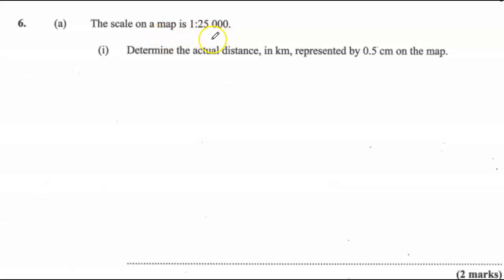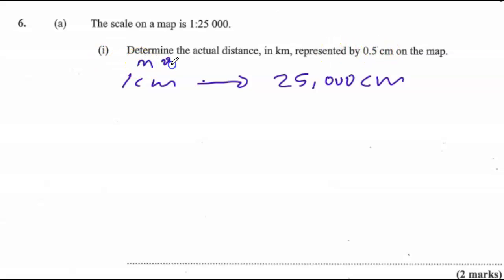The scale on a map is 1 to 25,000, which means that every centimeter that you see on the map, the actual distance, or the real distance, is 25,000 centimeters. So this is the map, and this is the actual or real distance.